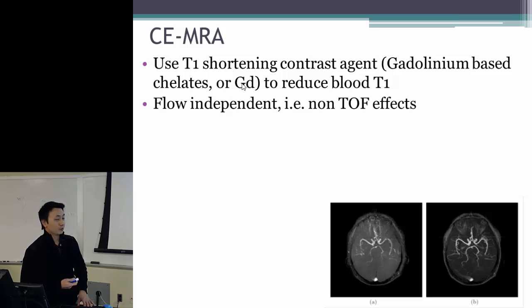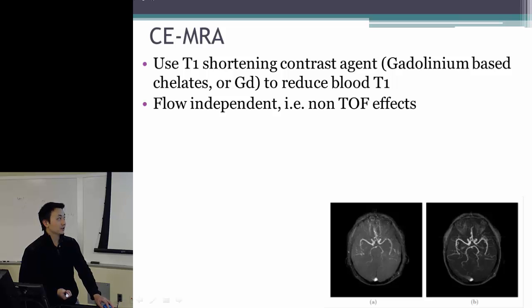So if we have significantly reduced the T1 of the blood, even shorter than the T1 of the tissues, then we do not need to use any inflow effect, because at steady state, the blood signal would be much higher, because it has a shorter T1, and it also has a higher proton density.